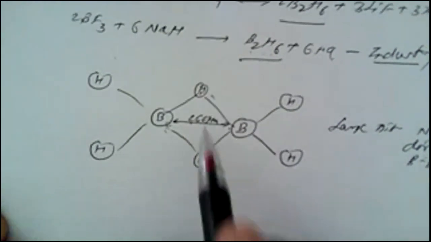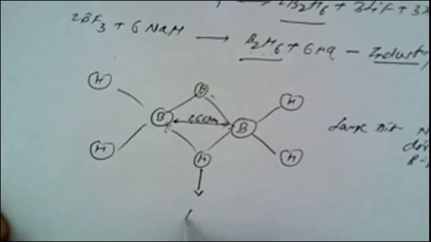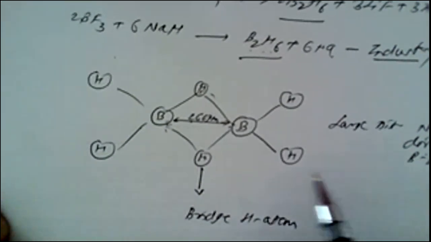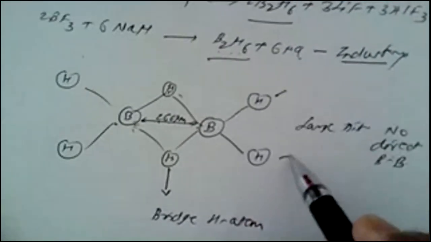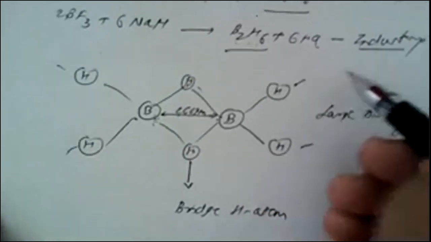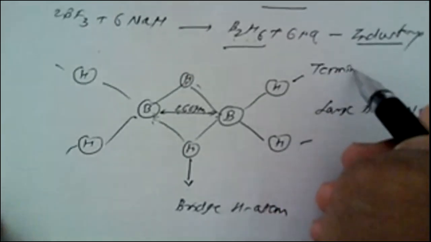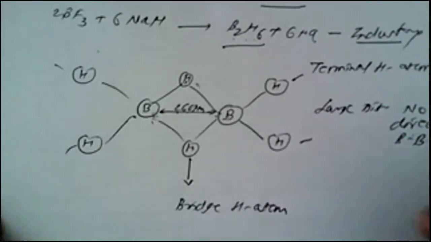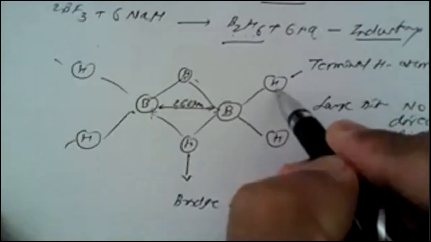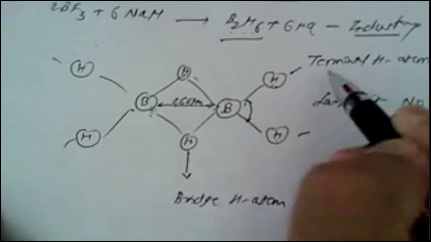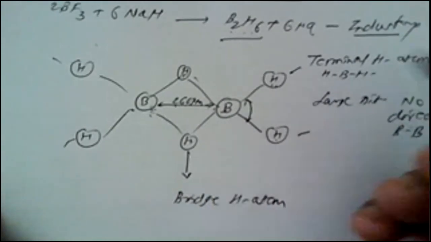These hydrogen atoms are known as the bridge hydrogen atoms, which are present in between the two boron atoms, and these two hydrogen atoms on the extreme sides are known as terminal hydrogen atoms or terminal bonds.